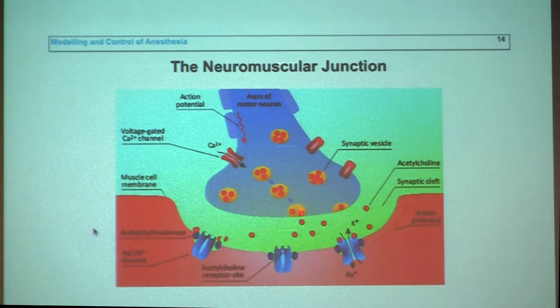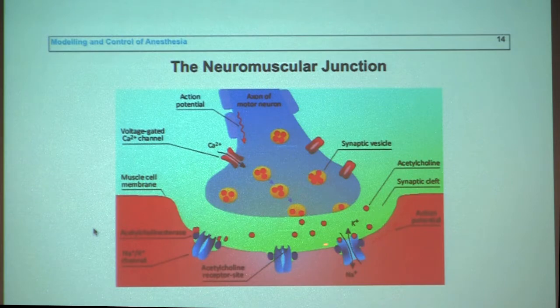And they start letting in calcium ions that trigger the vesicles. You see these little balls? Inside they have these red balls. They are acetylcholine molecules. And these migrate to the cleft, and they start liberating acetylcholine that travels through the cleft.